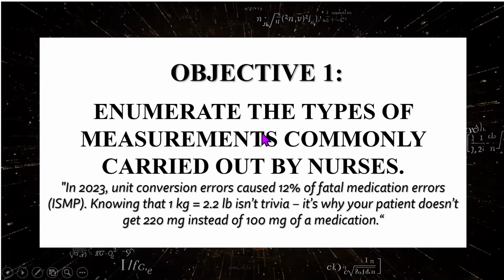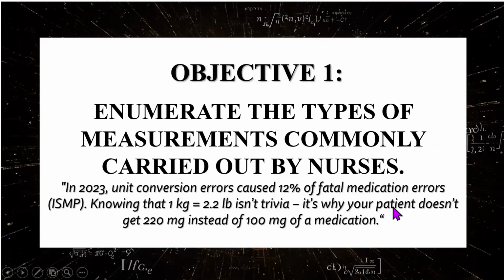Let's dive into Objective 1. Objective 1 says enumerate the types of measurements commonly carried out by nurses. Take note of this. In 2023, unit conversion errors caused 12% of fatal medication errors. Knowing that 1 kg is equal to 2.2 pounds isn't trivial.